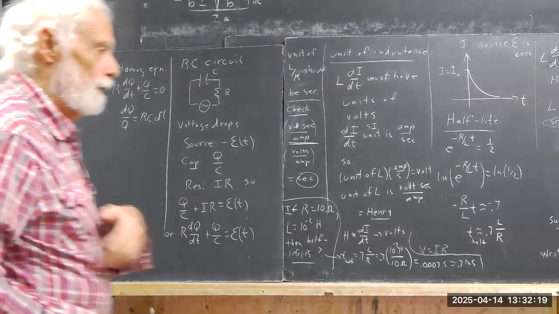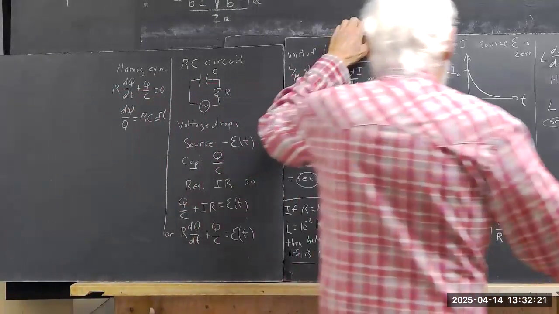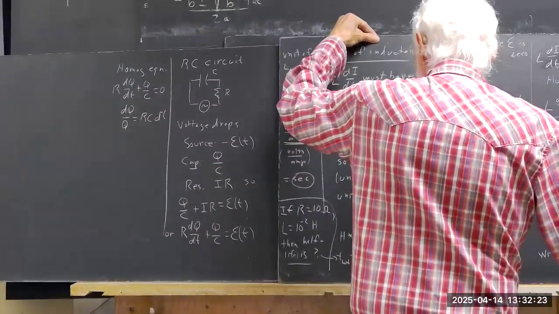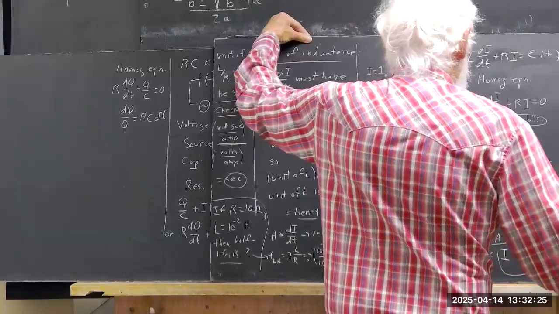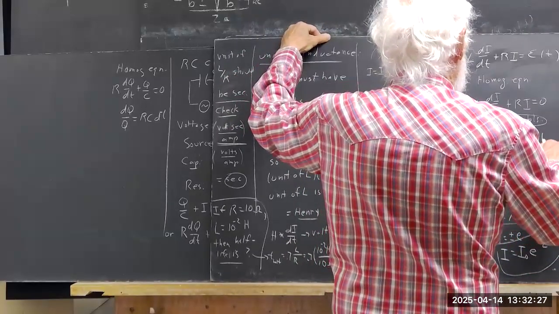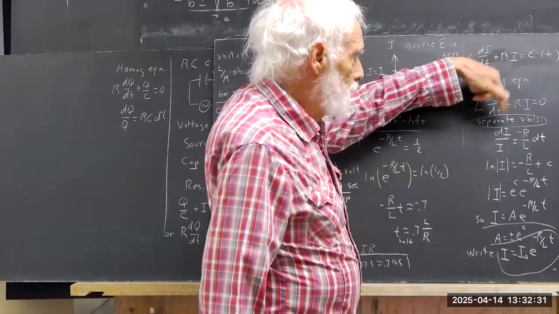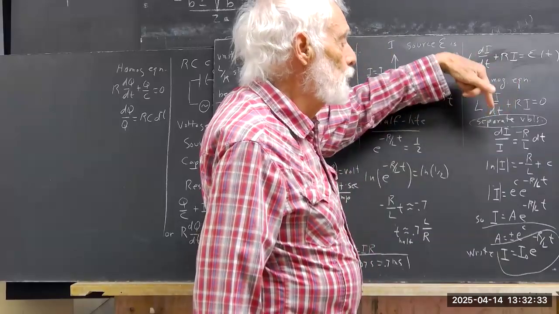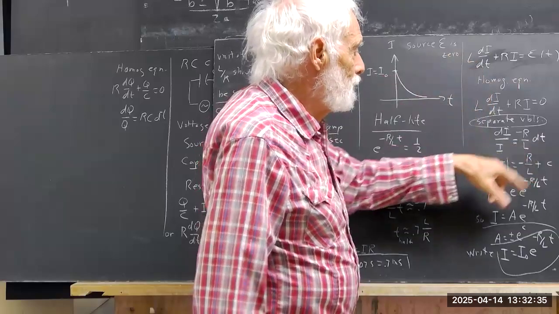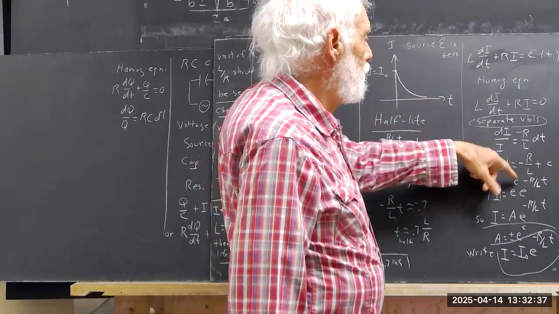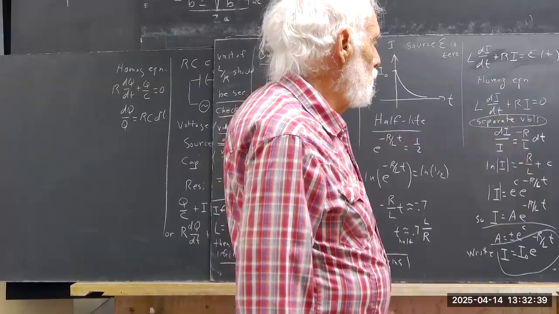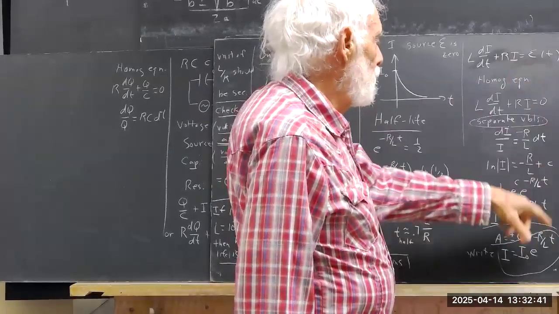Oh, you know, when I solved this equation over here, it's a terrible oversight. When we separate the variables, we get a di/dt over here and a negative R over L times I over here.